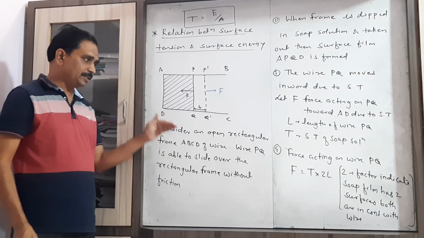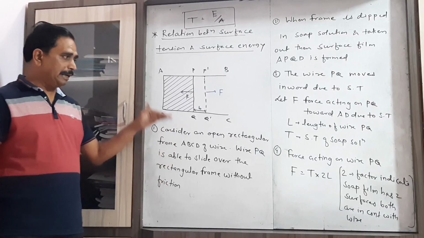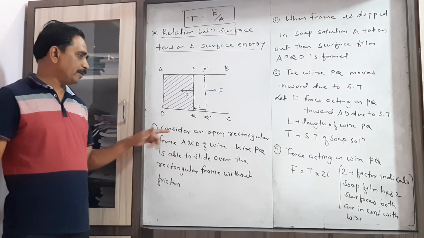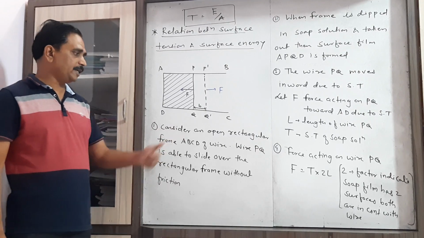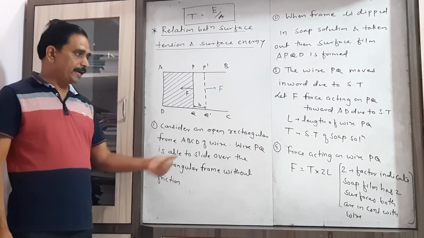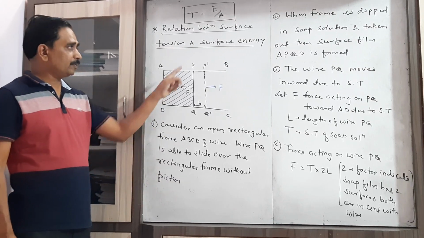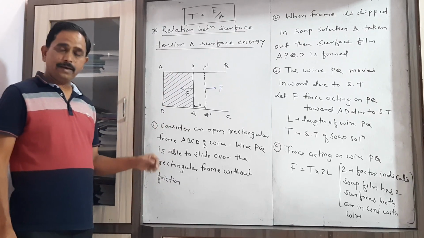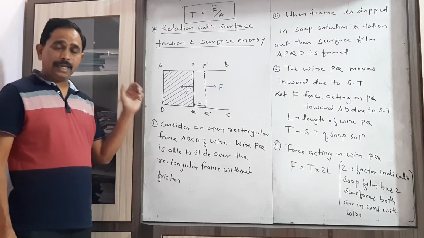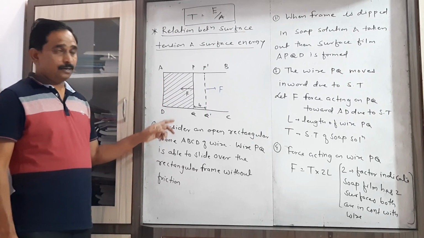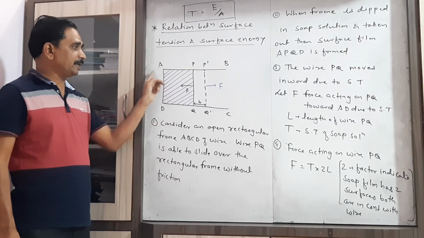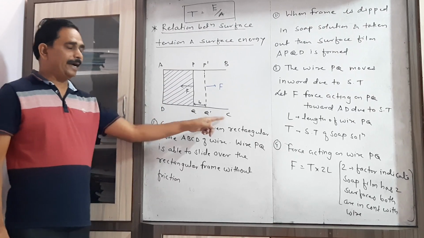What is our first consideration point? Consider an open rectangular frame A, B, C, D made up of wire. On that open rectangular frame, we have to consider one wire PQ which is able to slide. These three sides are fixed, AB, AD and DC.